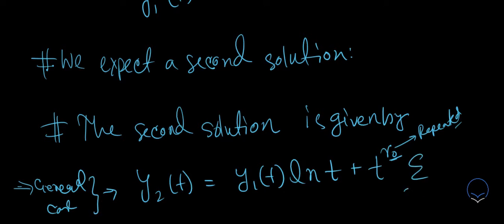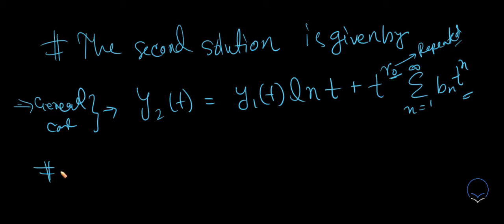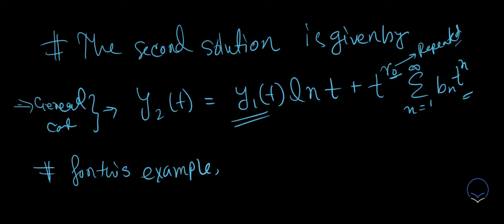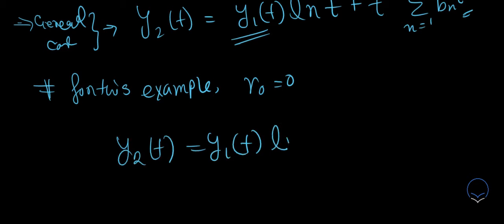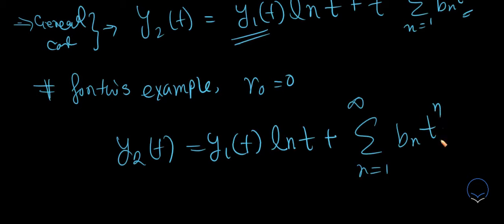r0 sum over n equals 1 to infinity b_n t to the power n. So in our case, for this example, we already found what y1 is, and r0 is just 0, so y2 of t is just y1 of t ln t plus the sum over n equals 1 to infinity of b_n t to the power n.